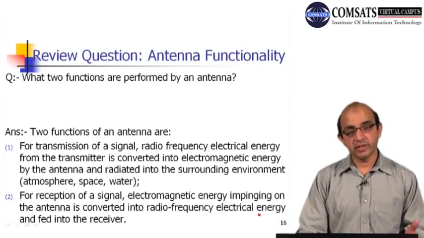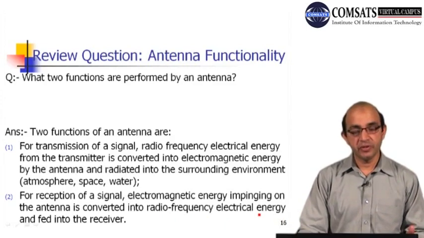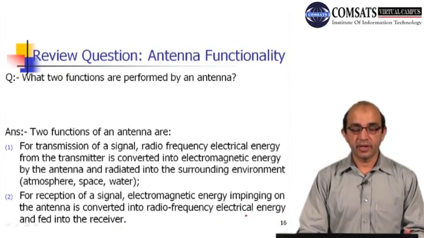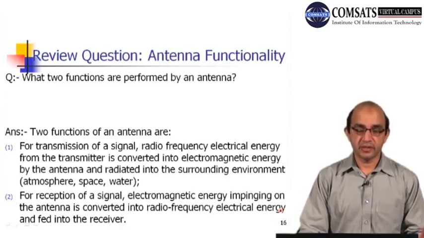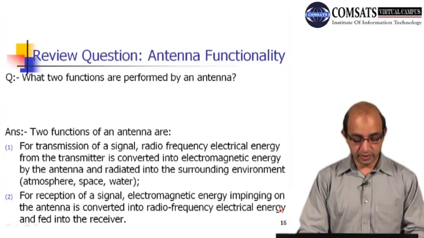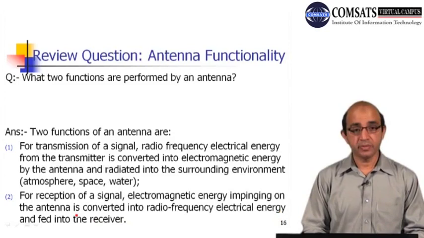So we are receiving EM energy from the atmosphere, from the free space, from the water, and then the antenna is receiving that energy and conveying it to the system by transmission line.